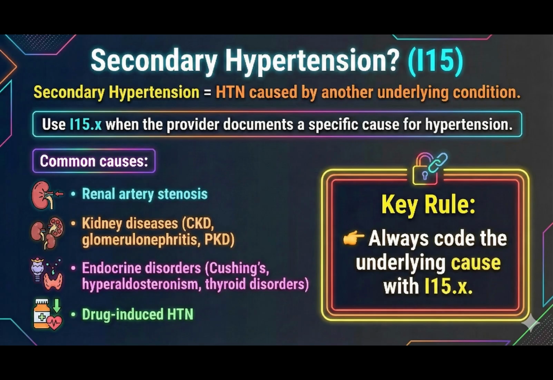Secondary hypertension, I15. Next, let's talk about secondary hypertension, which is coded under the I15 category. Secondary hypertension means the patient's high blood pressure is caused by another underlying condition, so it's not primary or essential hypertension.